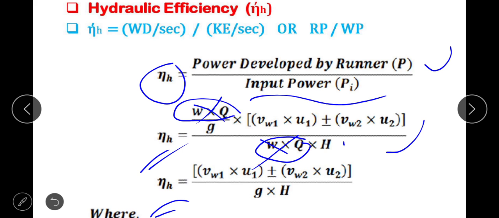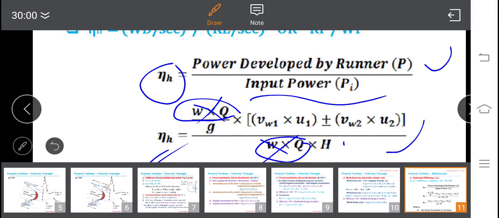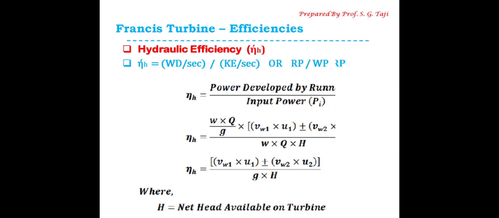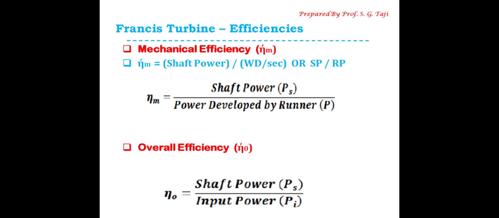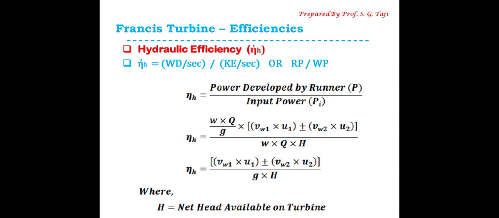Therefore, further, where H is, as I already said, the net head available on the turbine. Why is the term net head used? Because net head will always be equal to total head minus hf, the loss of head due to friction.